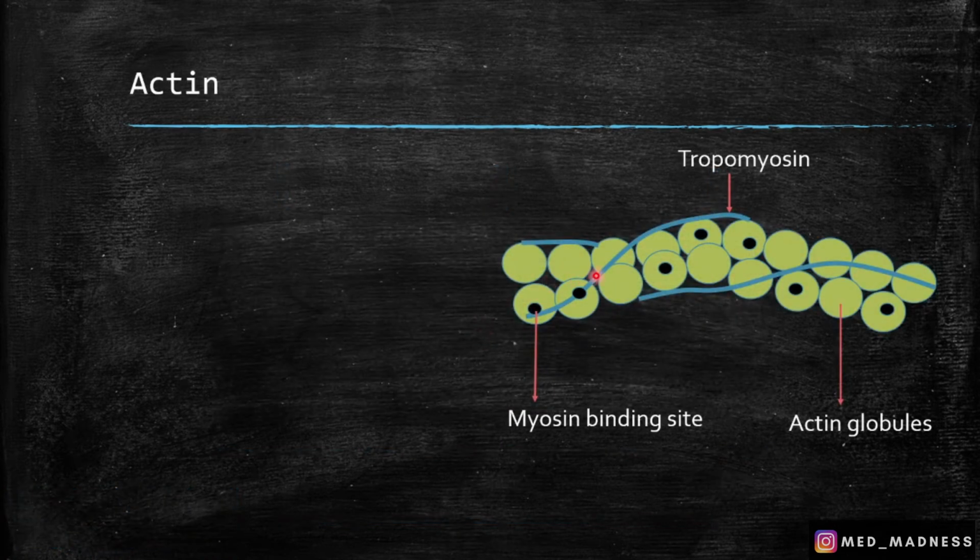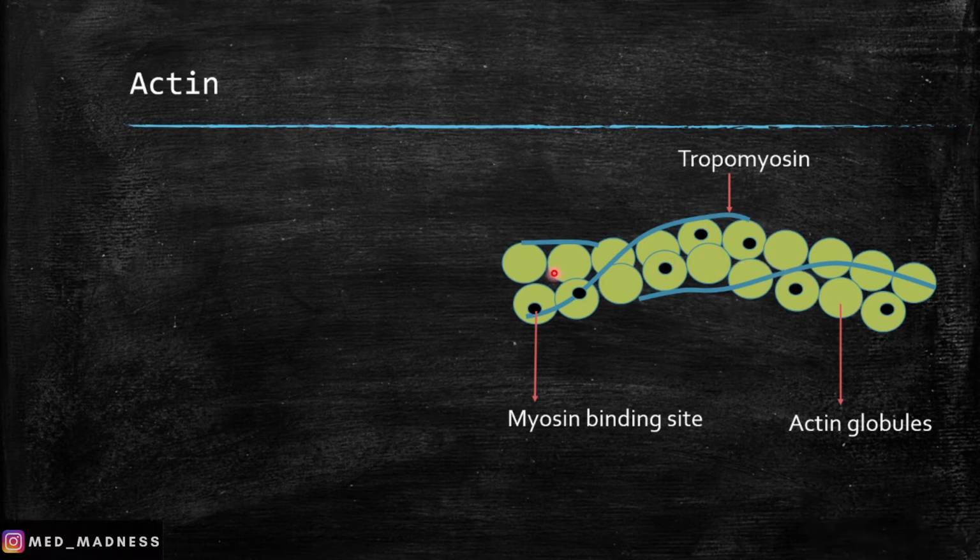Okay, so here is the actin filament. This consists of two subfilaments that are twisted against each other. And this actin filament contains actin globules. And in the actin globules, you have an area which is called the myosin binding sites. Here is where the myosin head binds.